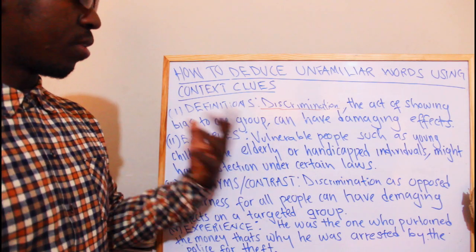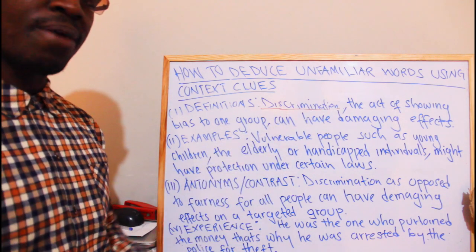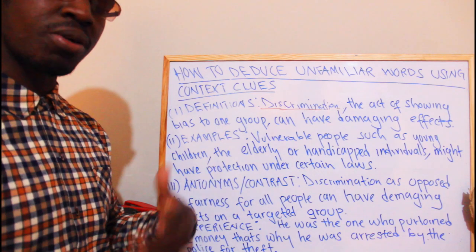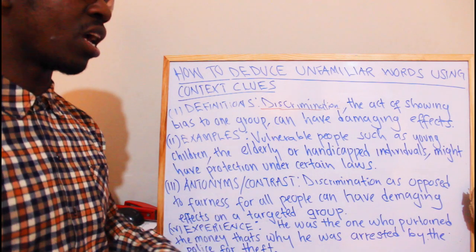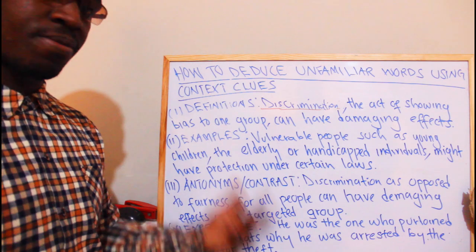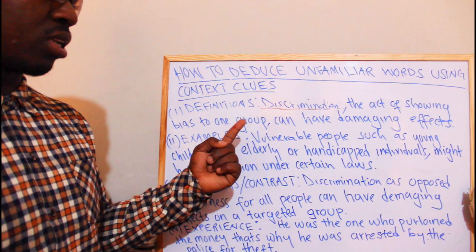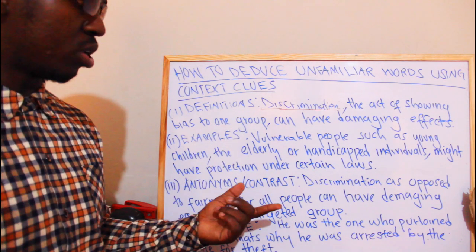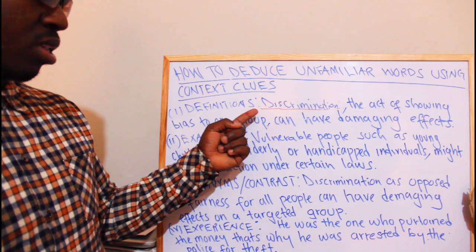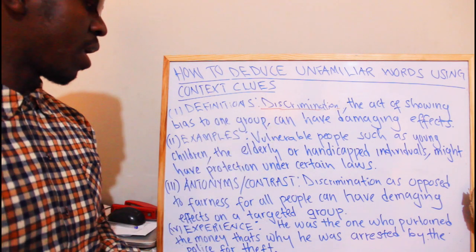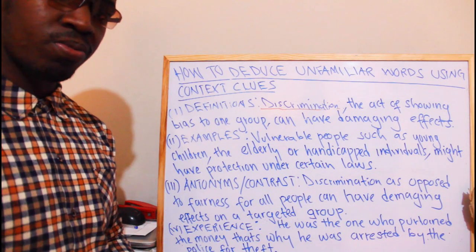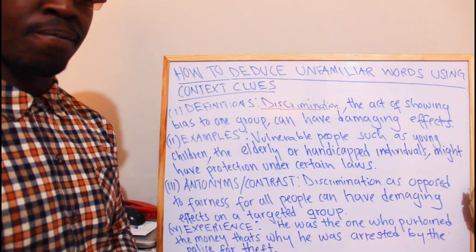So this implies that the clause after the word discrimination is actually a clue in the form of a definition, which has signaled to us that discrimination means the act of showing bias to one group over the other.